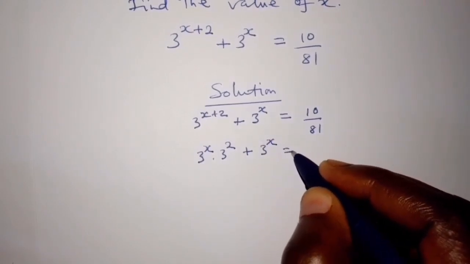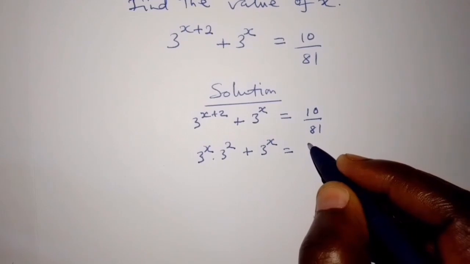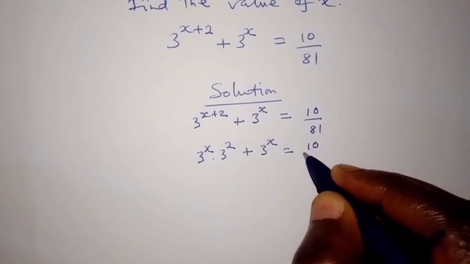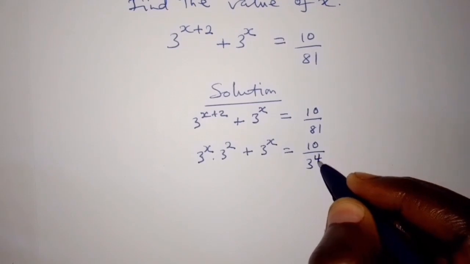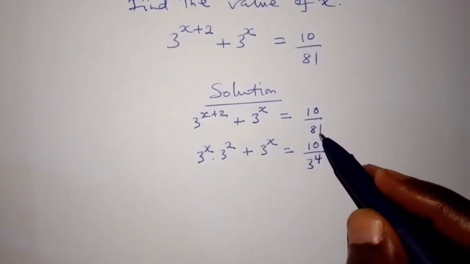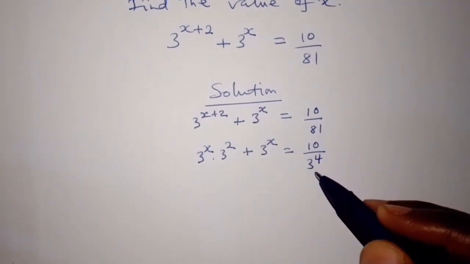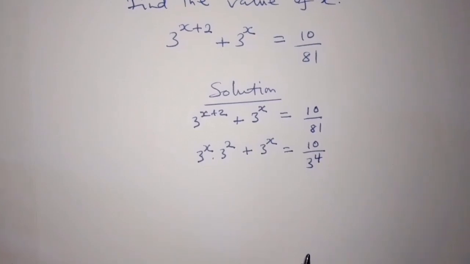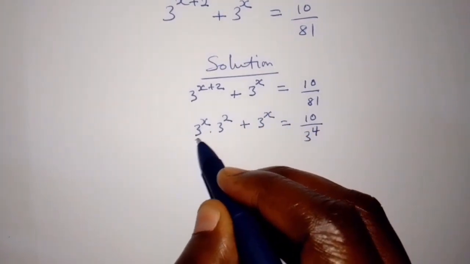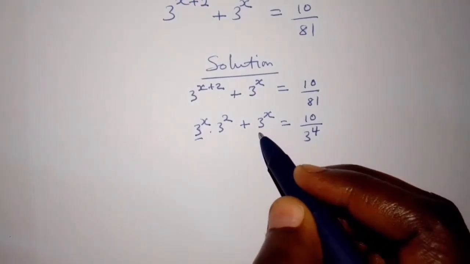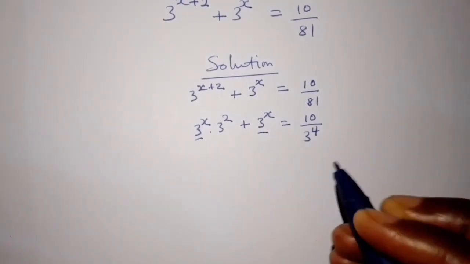is equal to 10 over 3 power 4. 81 is equal to 3 power 4. So from here, 3 power x is common here.